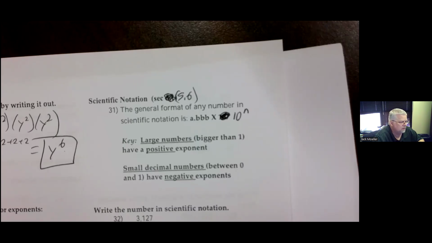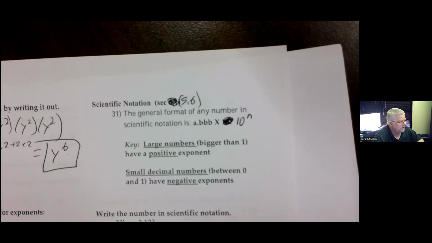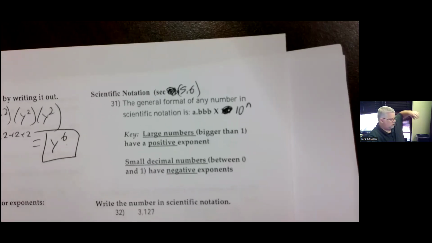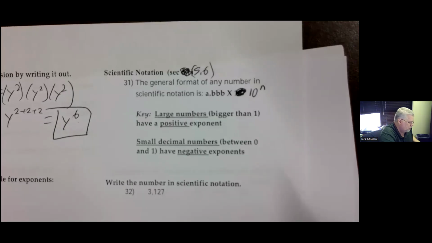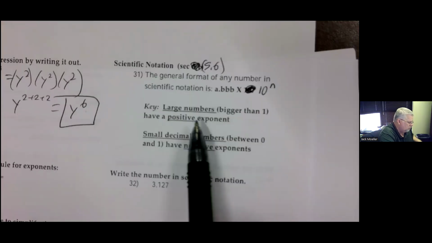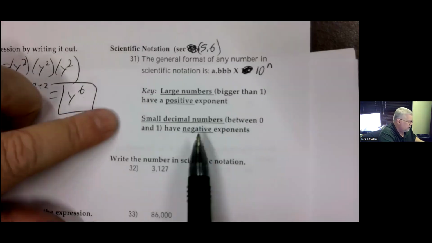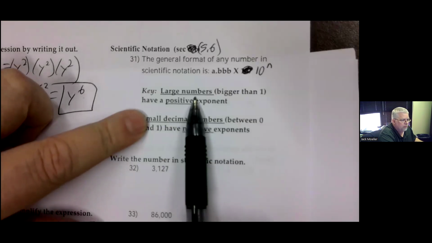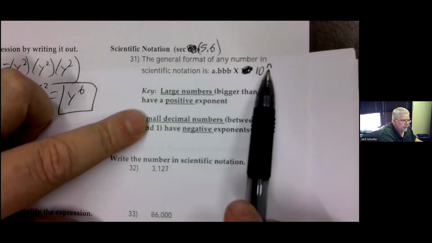I think it makes more sense for scientific notation to actually use your common sense, which you don't often get to do in math, but this is definitely an area where common sense applies. I'll give you the key and then I'll explain it. If we're dealing with large numbers bigger than 1, that exponent is going to be positive.